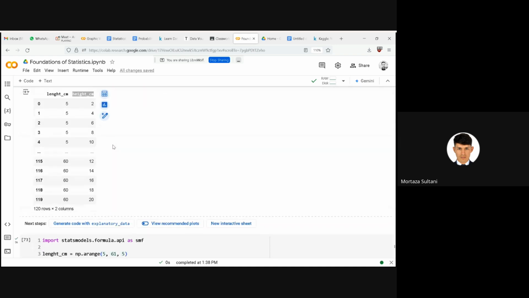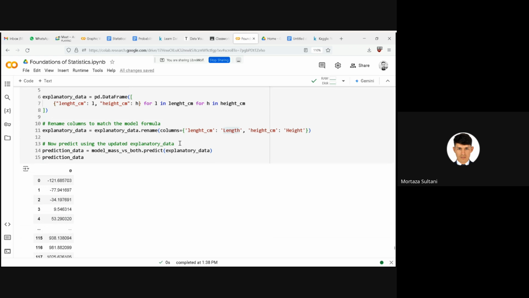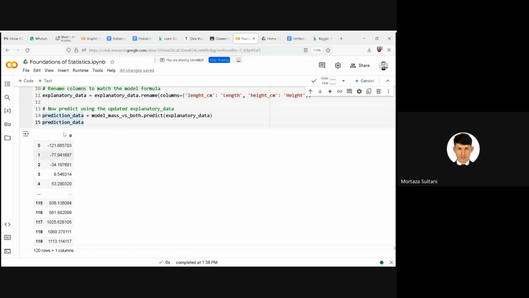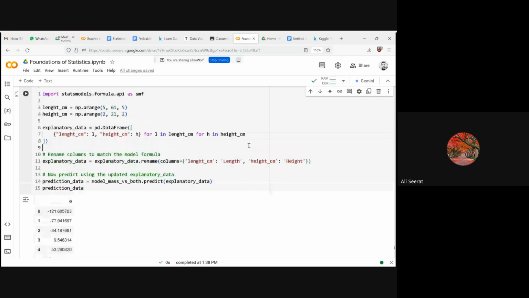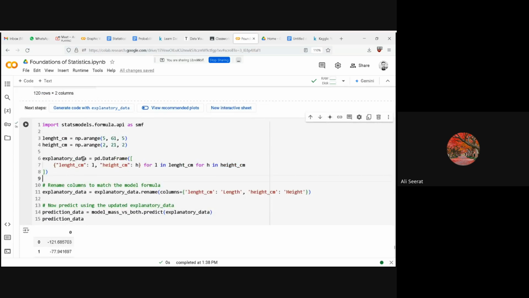So this is the 100% correct way, and this is how our model predicts now. Yes, it was a capital letter and without centimeters. The point is that we have generated a new explanatory data frame.